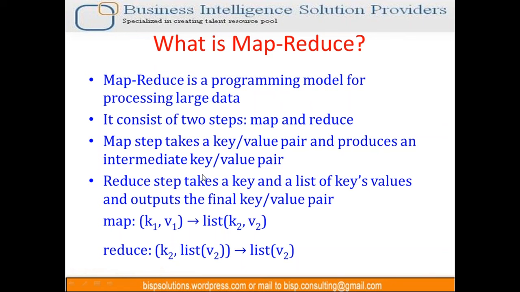The second step is the reduce step. It is kind of an aggregator, right? It's going to collect all your keys and group all of them together to give you the output. Okay, so there are two steps: a mapping step and a reducing step.